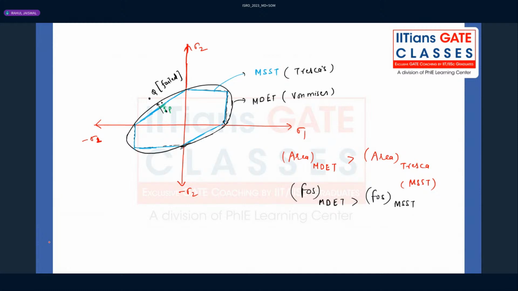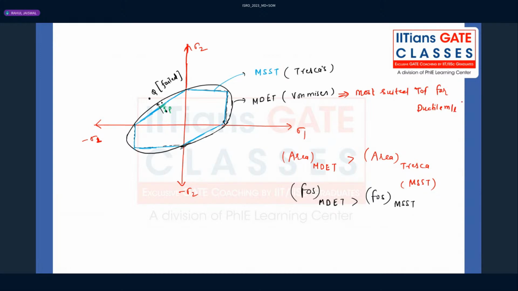So that's why we sometimes say Tresca's is somewhat more conservative than von Mises. But the theory predicted by von Mises is almost equal to the experimental results for ductile material. That's why we say it is the most suited theory of failure for ductile material.